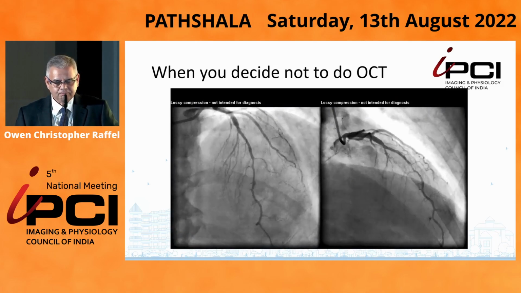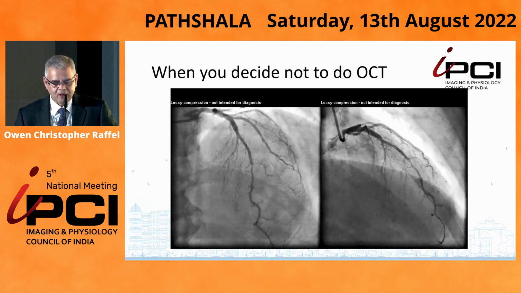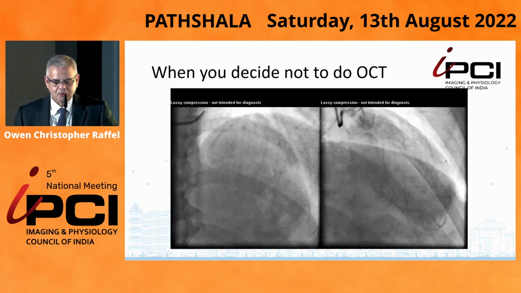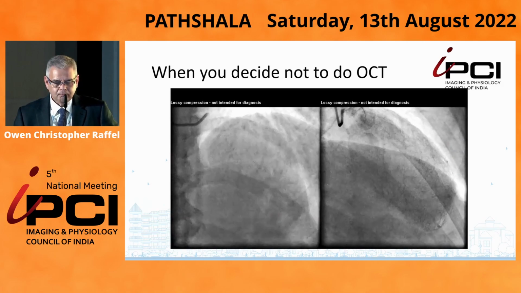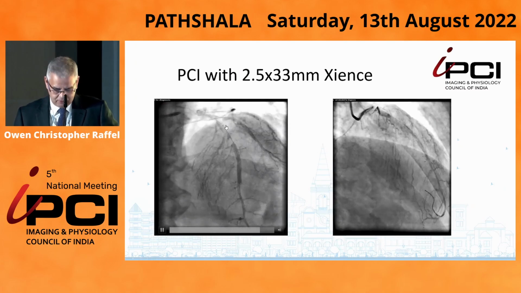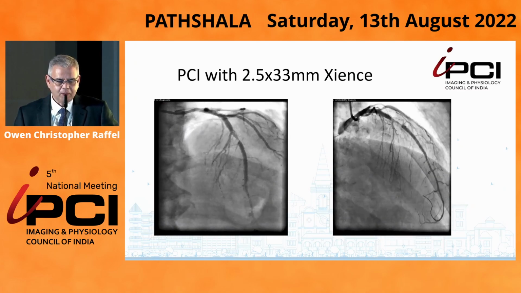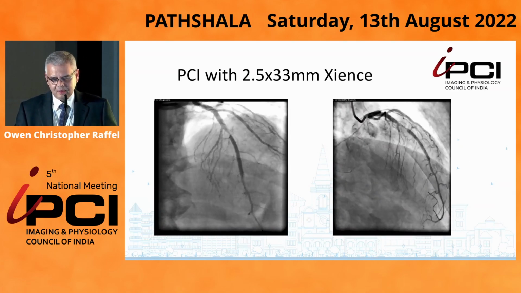What about when you decided not to do OCT? In fact, this was the same operator. Presented with an ACS, that was a baseline coronary angiogram, put in a stent, and this is what happened. Now, in retrospect, this person was clearly someone who was high risk for this.